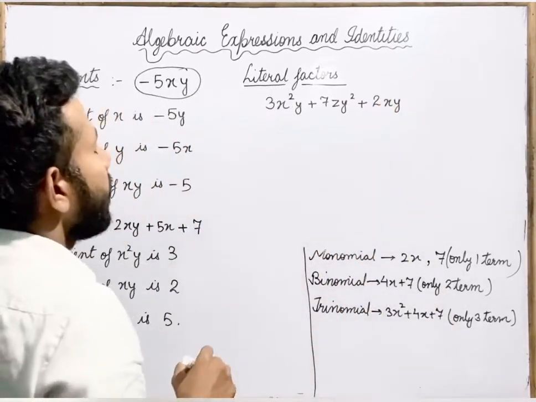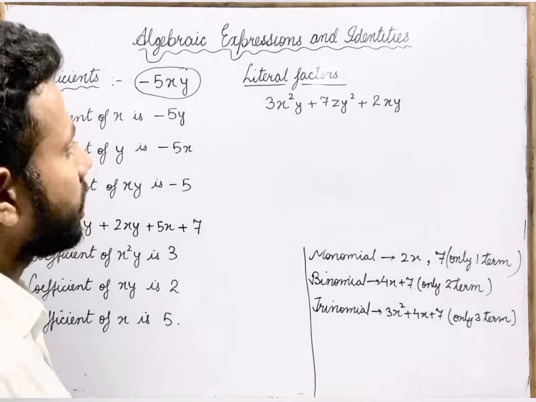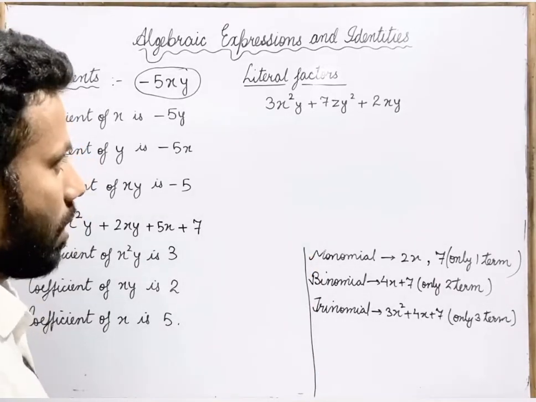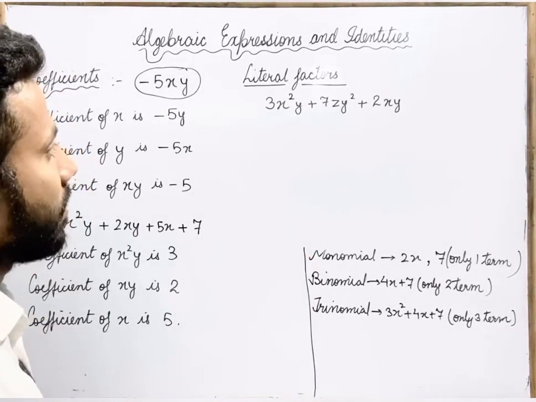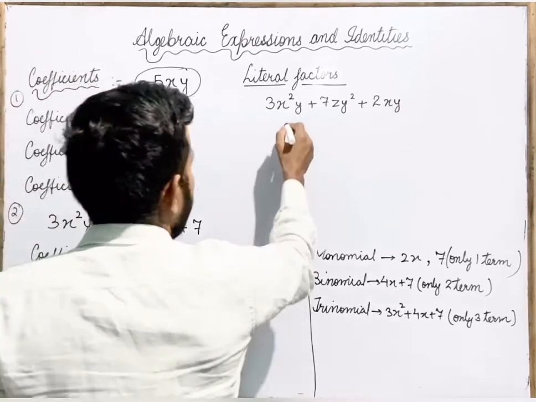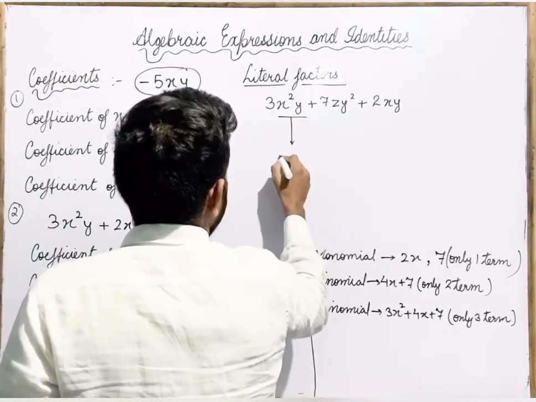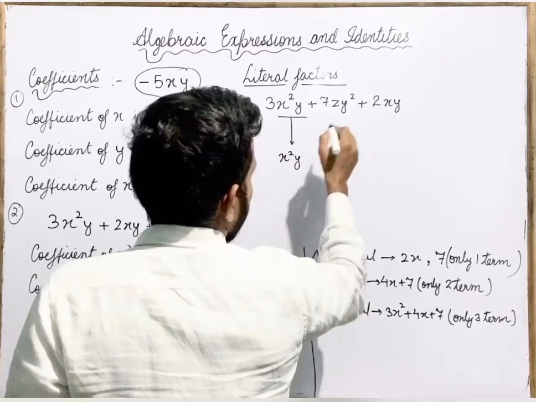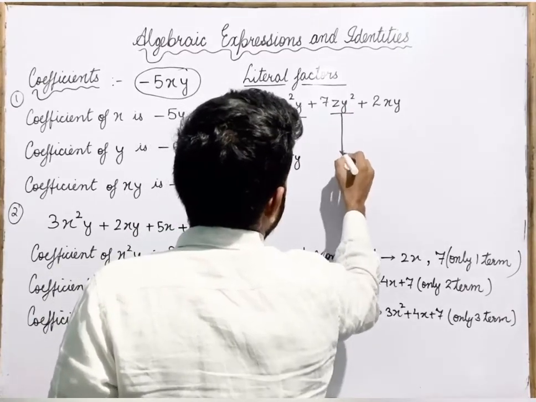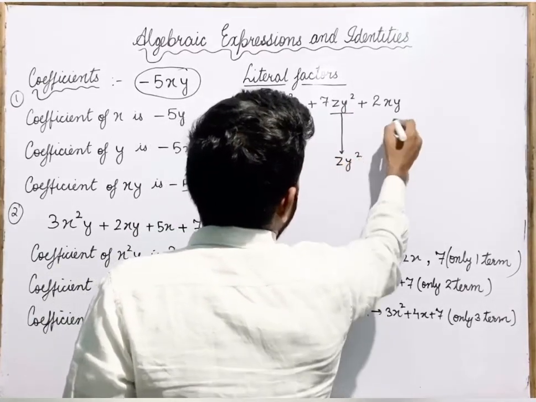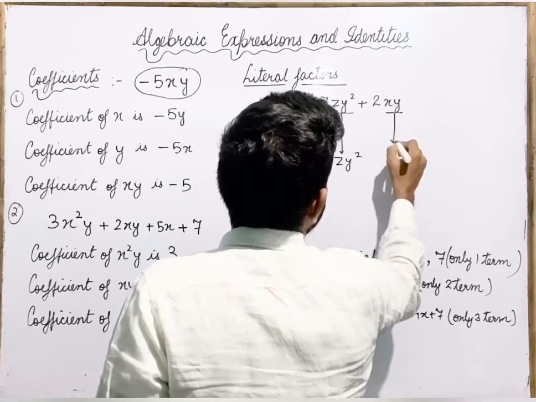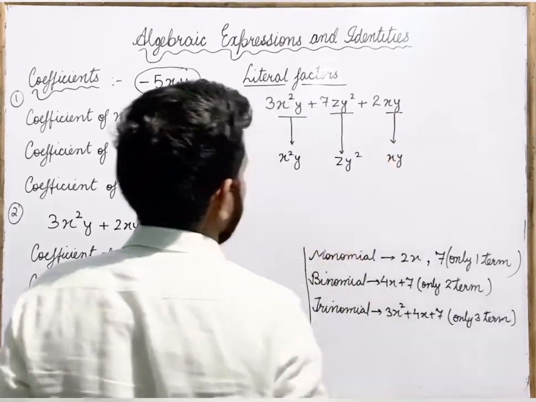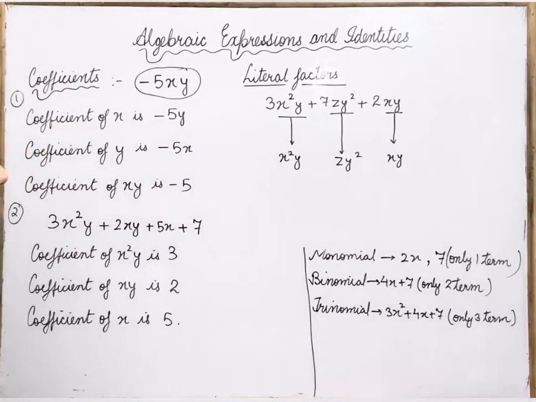So what are the different literal factors in this algebraic expression? One literal factor is x square y. The other literal factor is zy square. And the other literal factor is xy.